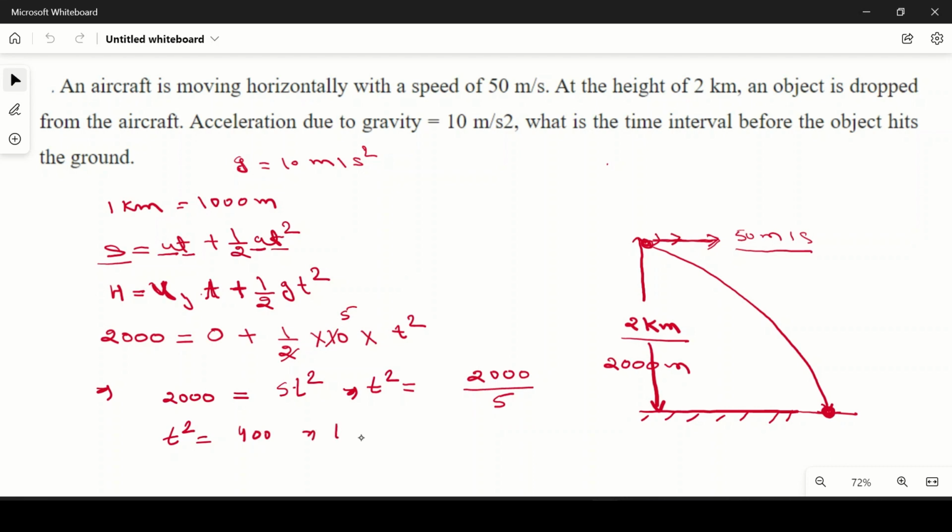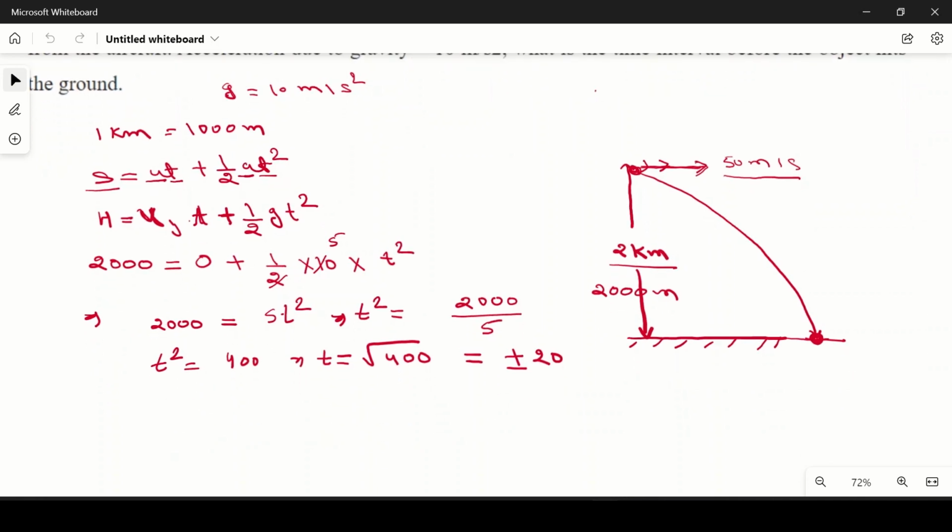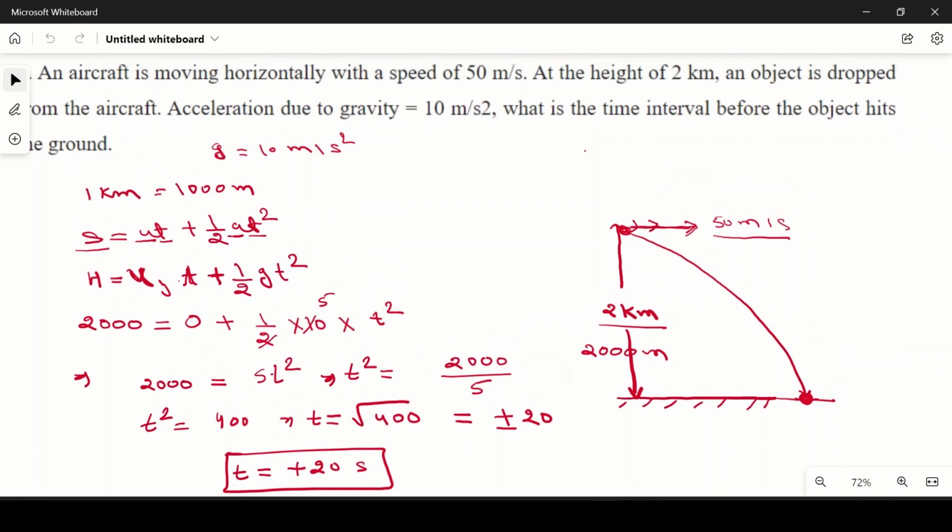So t will be the square root of 400, which is plus or minus 20. Time cannot be minus, so it will be plus only. So the ball will hit the ground after 20 seconds. So the time interval before the object hits the ground is 20 seconds.